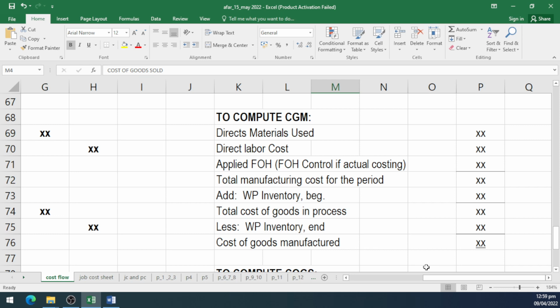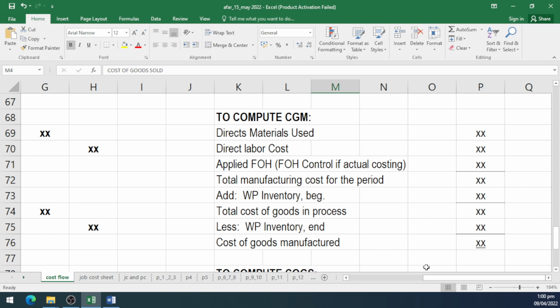Total manufacturing cost minus increase in work in process inventory, yun ang CGM. Kung decrease naman, mas mataas yung beginning inventory ng work in process at mas mataas yung ina-add, ibig sabihin. So, i-add nyo naman yun to compute the cost of goods manufactured. Ulitin ko, total manufacturing cost minus increase in work in process inventory, CGM yun.